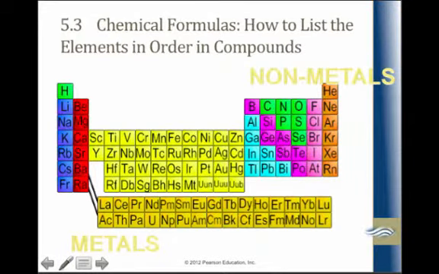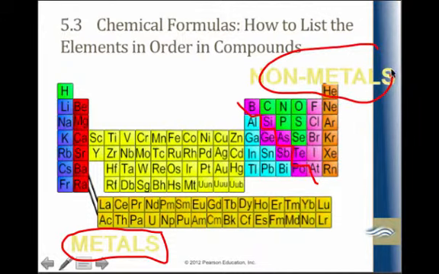Before we get into writing formulas, let's review the periodic table a little bit. We have the staircase that runs through here, and the stairs separate the metals from the nonmetals. The metals all become cations, and the nonmetals tend to become anions.